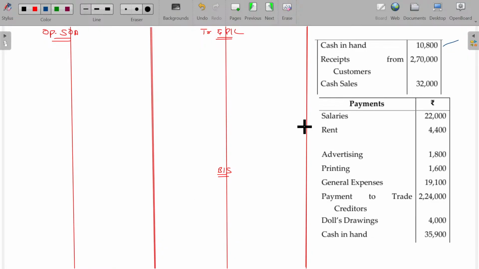Cash in hand in the beginning is nothing but the opening asset, which should be posted on the asset side in the opening statement of affairs. Cash 10,800. Receipts from customers, so then you have to open the debtors account.